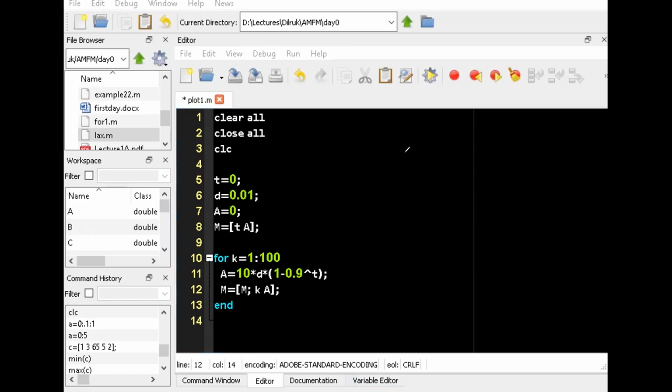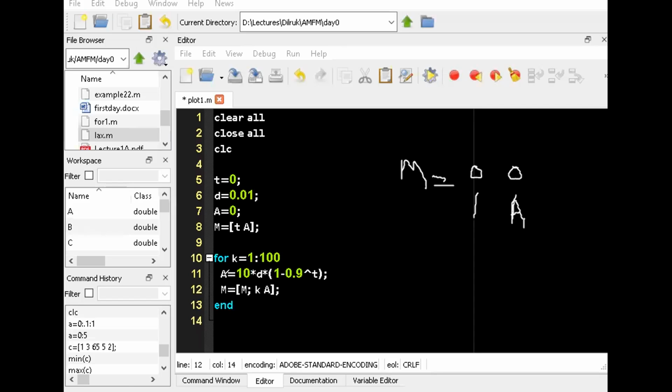Initially this is your m. Initially you had 0, 0. Now when k is equal to 1, you compute the corresponding a sub 1. Then the value of k, that means time 1, and the corresponding amount a sub 1. At the next turn, when k is equal to 2, again you compute a sub 2.